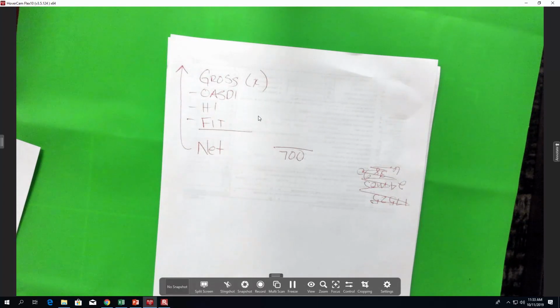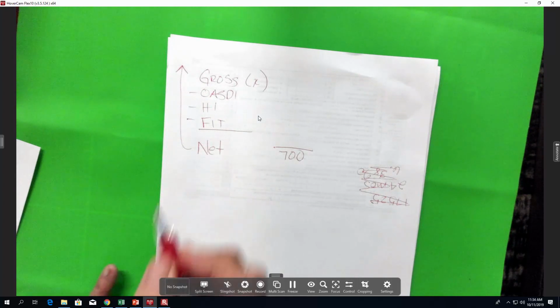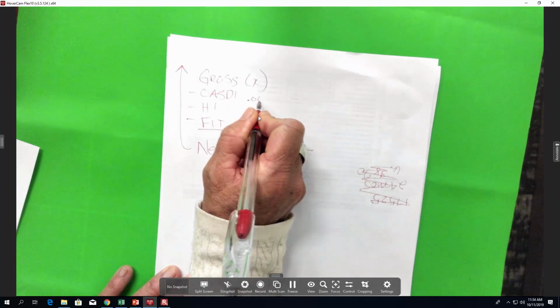Now pencil in the percentages, add them up, and subtract them from 100%. So add up all the percentages of the taxes, because if you take out all the taxes, the percentage that's left is what your net check's going to be, right? 0.062.